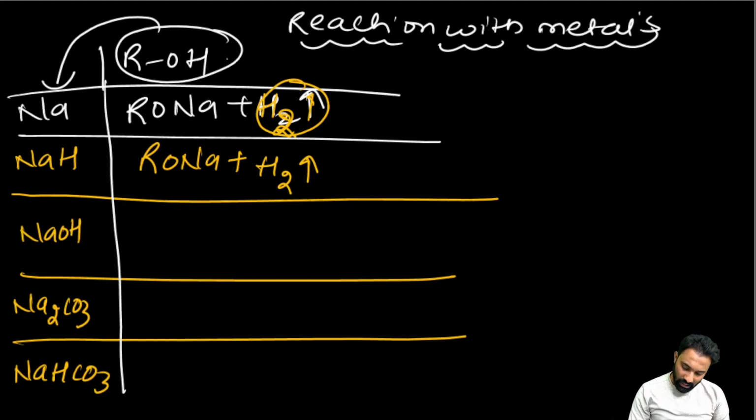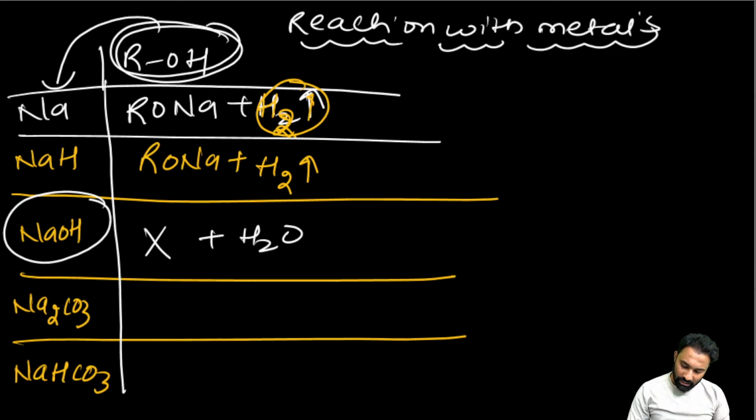Now, will the alcohol react with the base NaOH? Here it will not react with the NaOH. Why? Because here the generated one is H2O. Compared to the alcohol, H2O is more acidic, right?